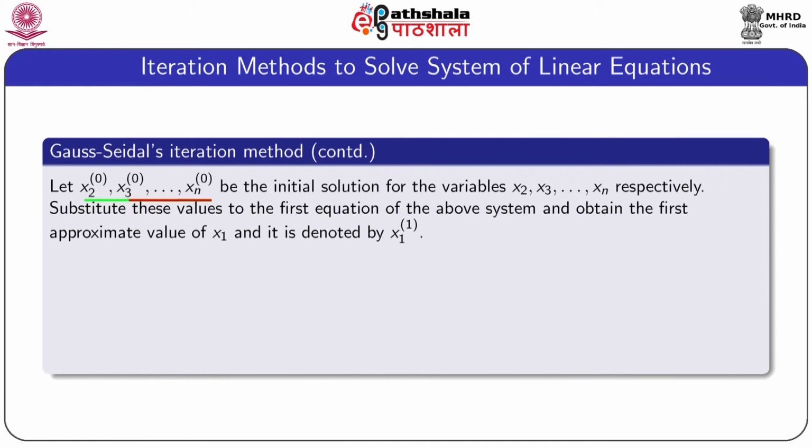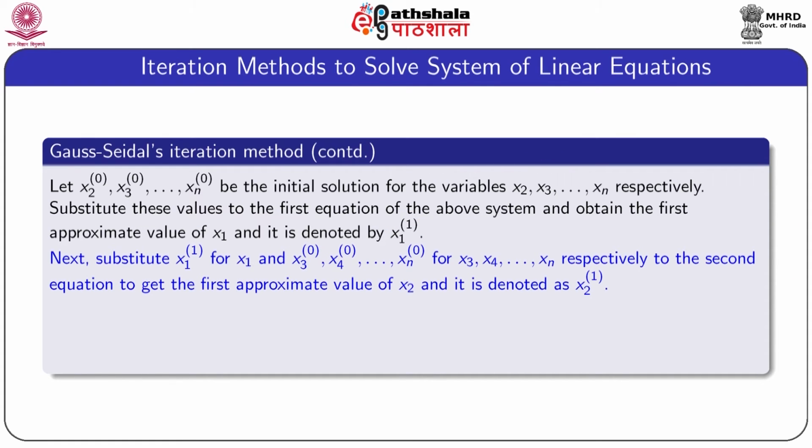Let x2^(0), x3^(0), dot dot dot xn^(0) be the initial solution for the variables x2, x3 up to xn respectively. Substituting these values into the first equation of the above system, we obtain the first approximate value of x1, denoted by x1^(1).